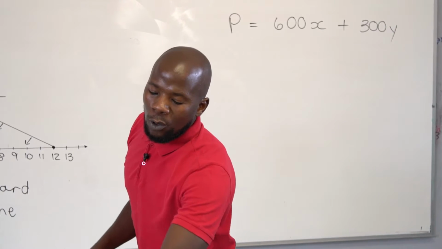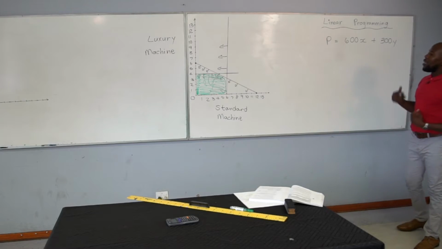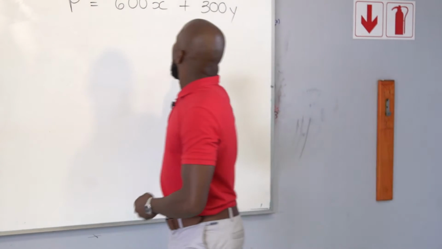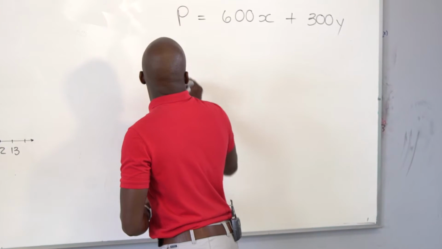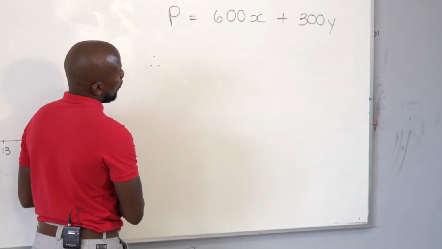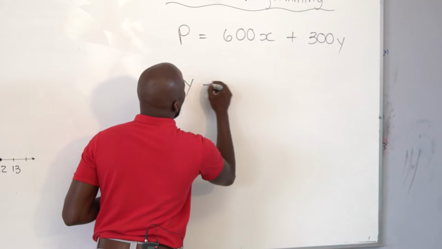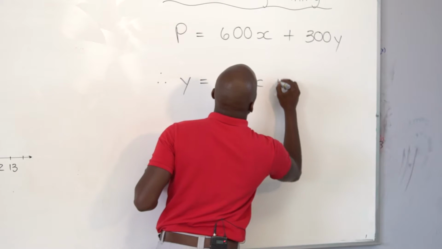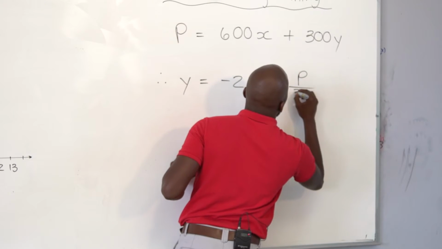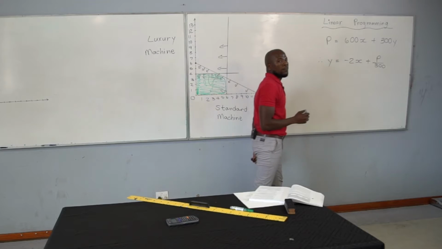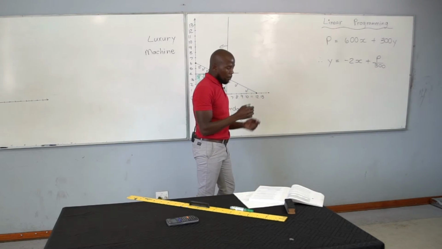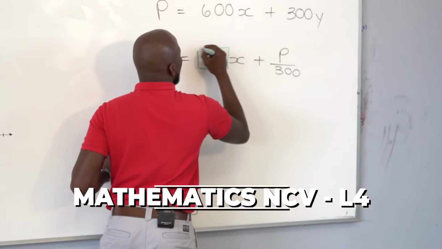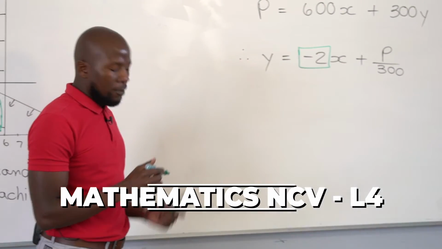Once you've written down your profit equation, you'll manipulate it as well and make Y the subject of the formula. How do we do that? By observation and manipulation of this scenario, you'll realize that Y is equal to negative 2x plus P over 300. Why is this important for us? We need to identify the gradient of the profit equation.